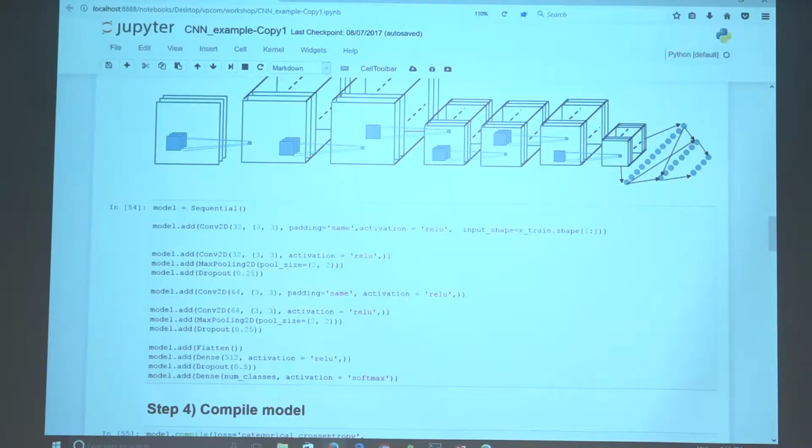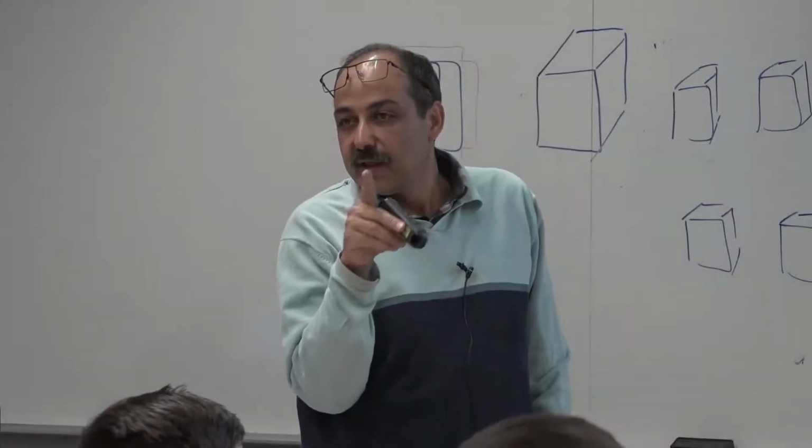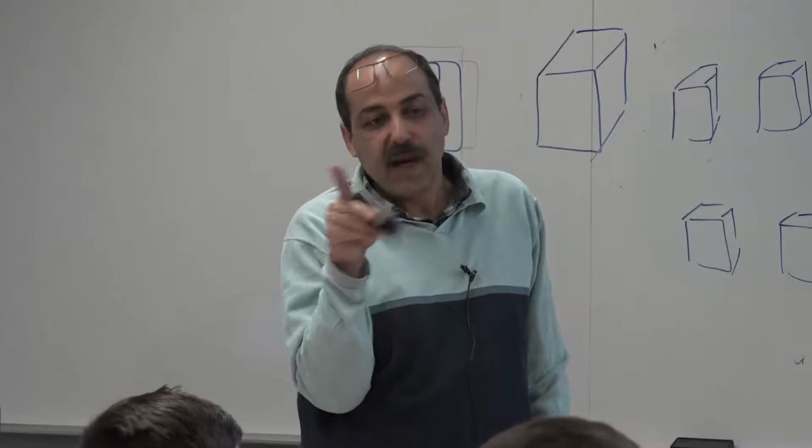So if it is 16 by 16, after I apply this convolutional layer, this is 16 by 16 by 32. I apply 64 kernels with a size of 3 by 3 with padding. What would be the size of this? So 16 by 16, kernel 3 by 3, I have padding.